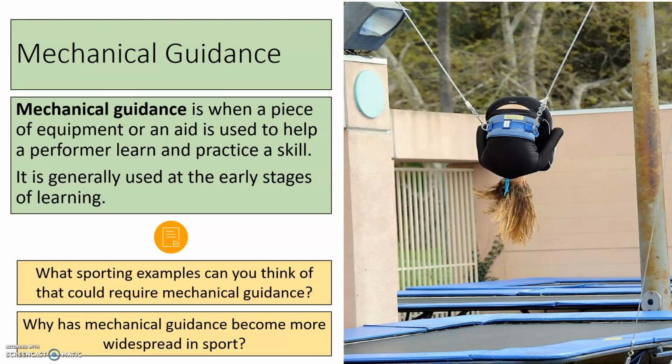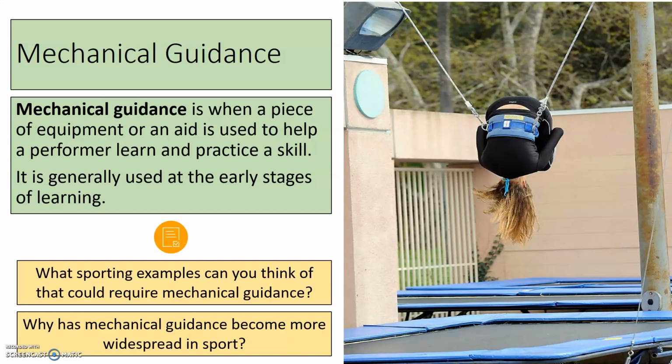Look at this last question here as well in regards to mechanical guidance. Why has it become more widespread in sports? Just pause your video here, and try and come up with a sentence or two answering that question. Ultimately, mechanical guidance has become really widespread in sport because we have an advancement in technology.